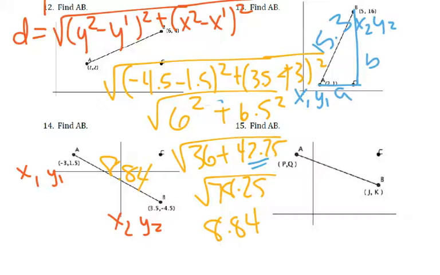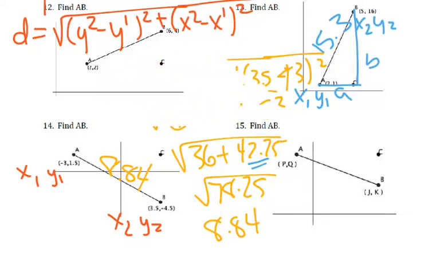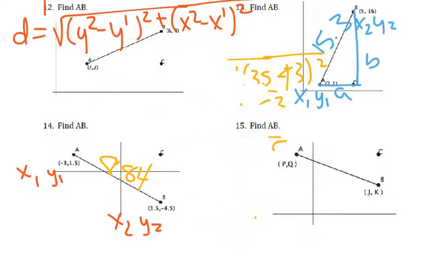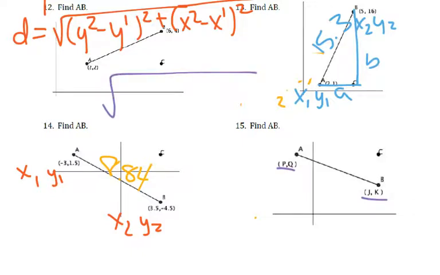Alright? So 15. We'll do that one the same way we've been doing these ones. So, okay, now it's got P and Q and J and K. So we'd go the square root of y2, call that y2, so K minus Q squared plus j minus b squared.